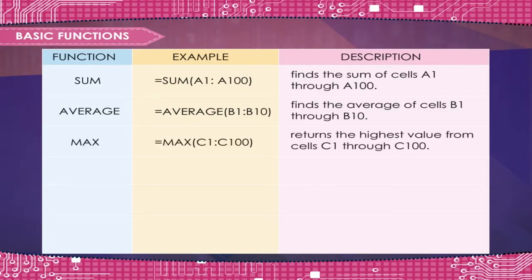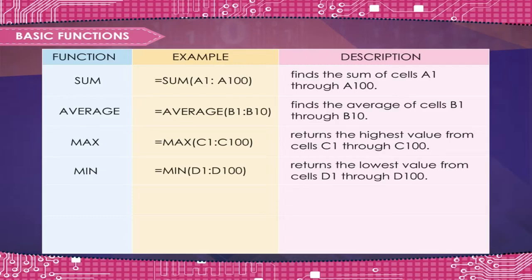Max: =MAX(C1:C100). Returns the highest value from cells C1 through C100. Min: =MIN(D1:D100). Returns the lowest value from cells D1 through D100.